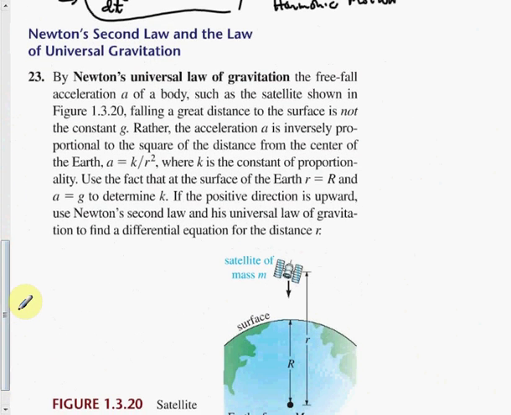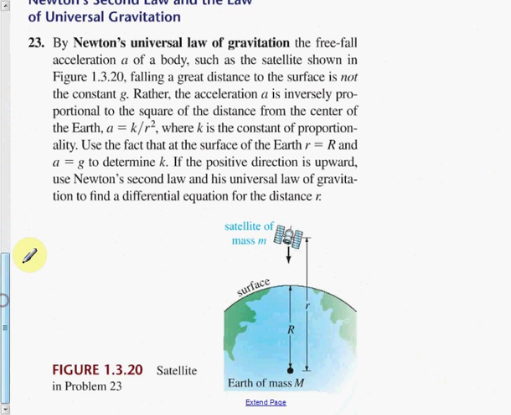All right, by Newton's universal law of gravitation, the free fall acceleration A of a body, such as the satellite shown here in this figure, falling a great distance to the surface is not the constant g anymore. Rather, the acceleration A becomes inversely proportional to the square of the distance from the center of Earth. Here, the acceleration is some constant k divided by r squared, where k is the constant of proportionality.